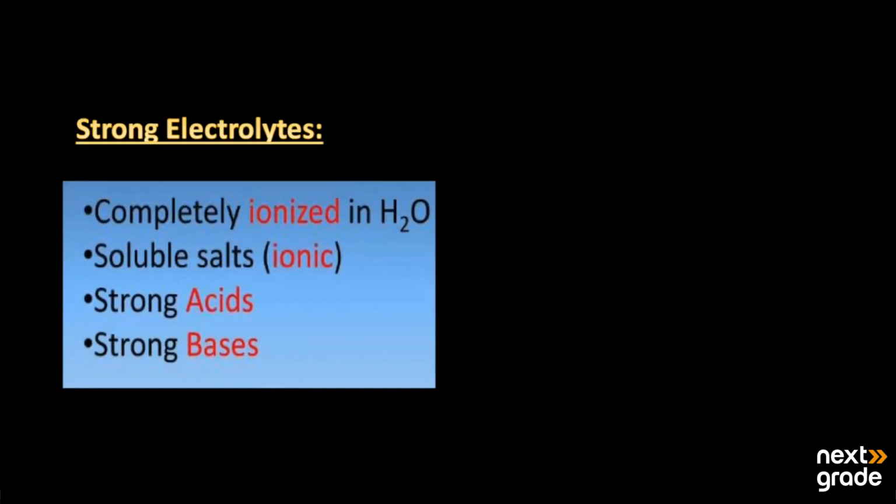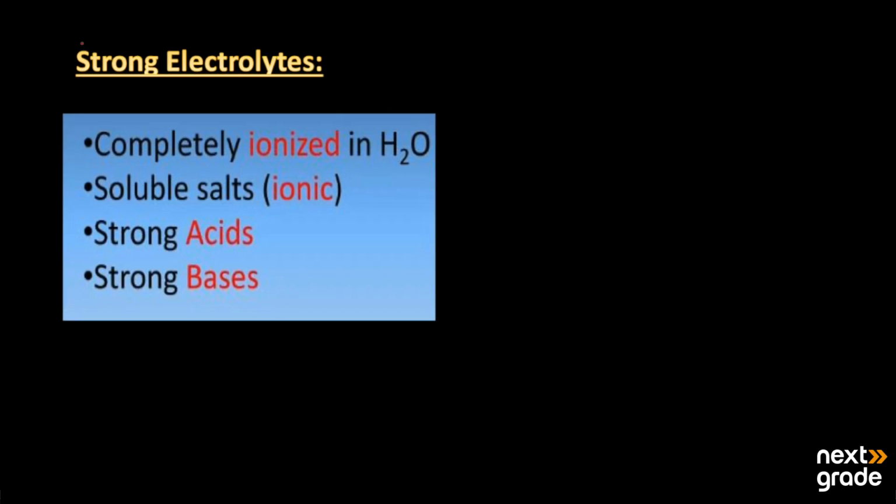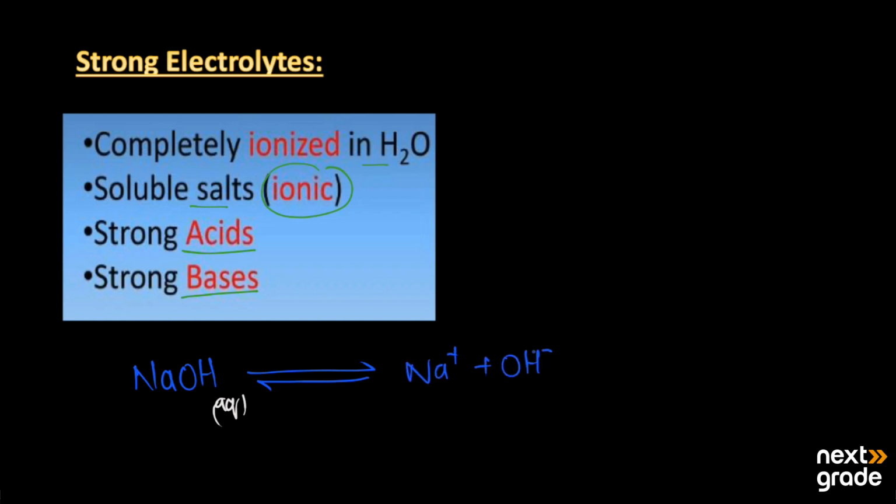When we talk about strong electrolytes, they completely ionize in water, and the examples are soluble salts that are ionic in nature. We have strong acids and strong bases. These types of substances can be strong electrolytes. Now, let us look at a simple example in which sodium hydroxide, which is a base, gets dissolved in water, or when we have its aqueous solution, it dissociates into the ions sodium positive and hydroxide negative.